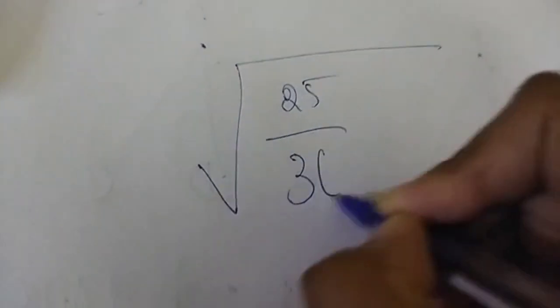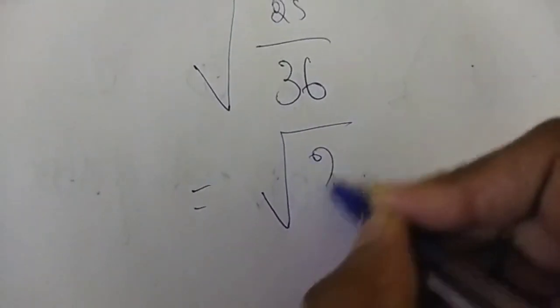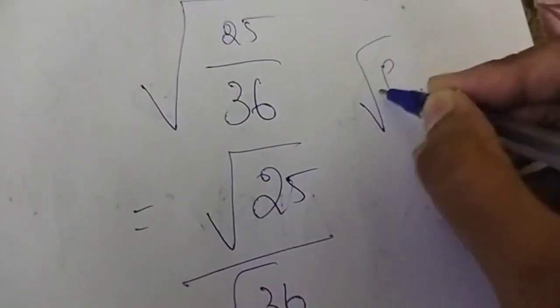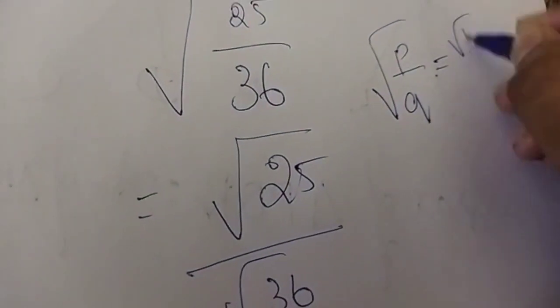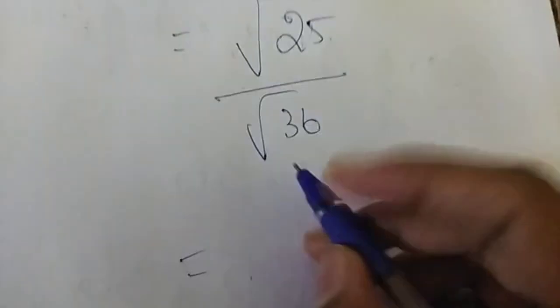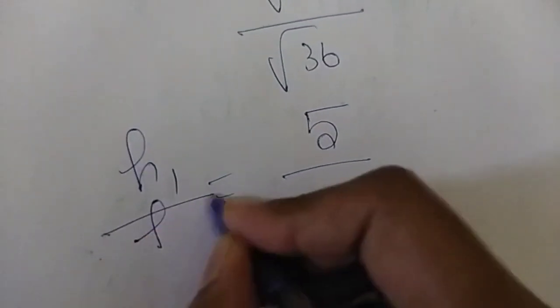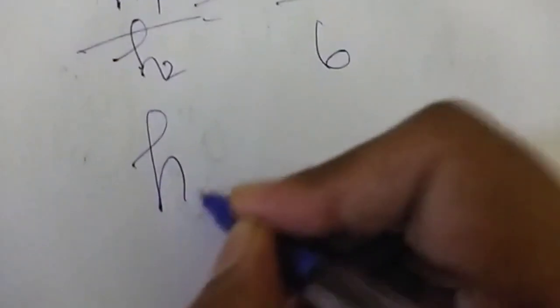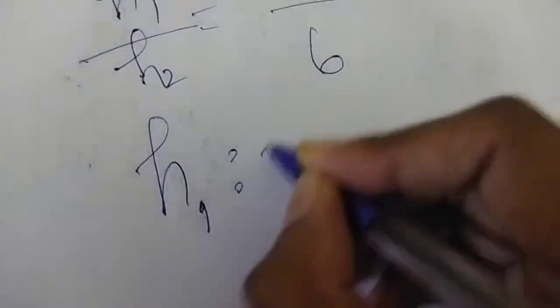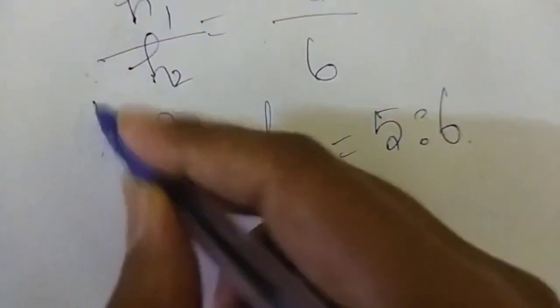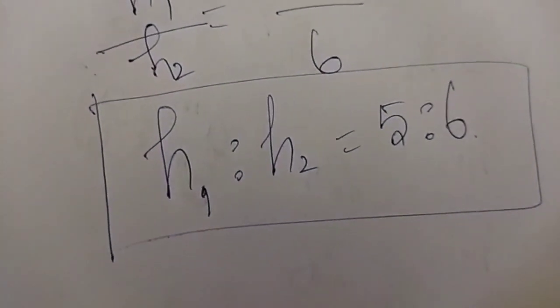We can split it as square root of 25 by square root of 36, because square root of P by Q is equal to square root of P divided by square root of Q. So square root of 25 is 5 and square root of 36 is 6. So h1 by h2 is 5 by 6. So the ratio of their altitudes, or the ratio of their heights, is 5 is to 6.